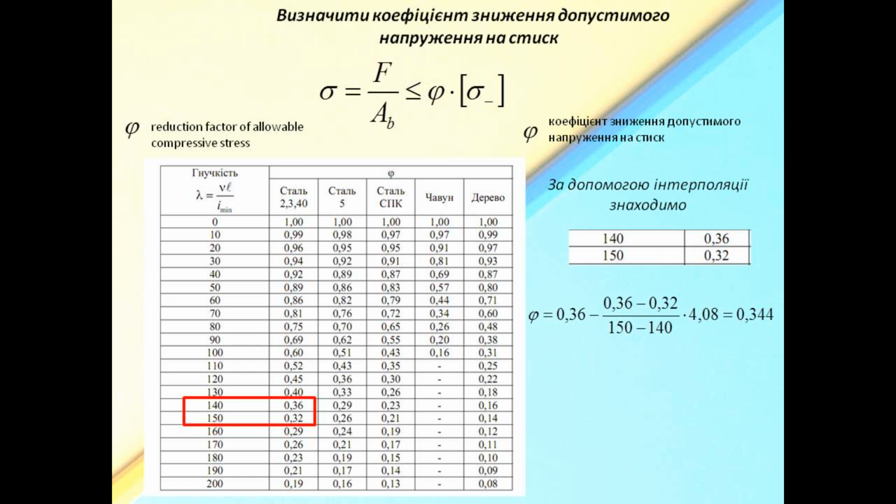Phi is the reduction factor of allowable compressive stress. We have already calculated the slenderness ratio. That's why with the following table you can find the reduction factor of allowable compressive stress by interpolation.